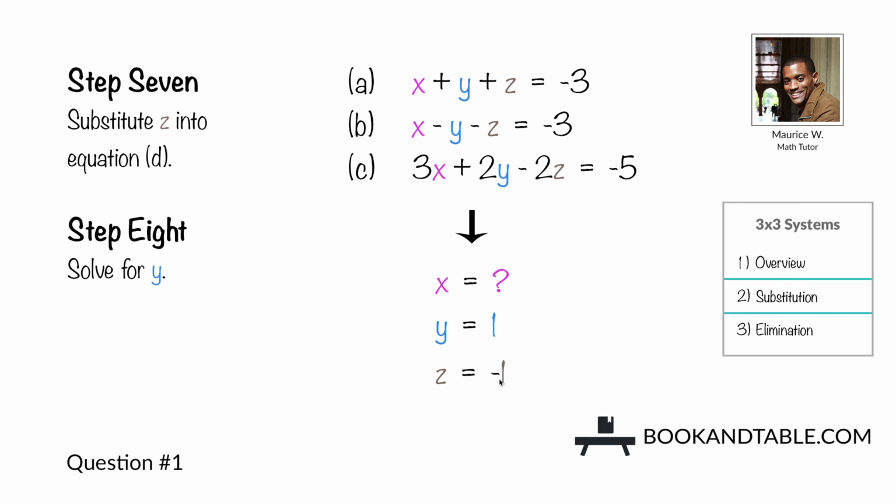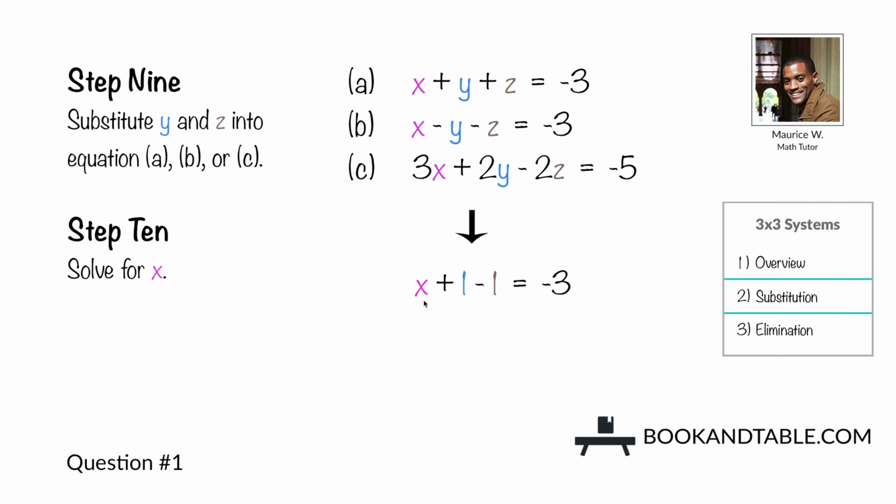So now, step 9, we can substitute y and z into equation A, B, or C to solve for x, step 10. So if we plug these values into equation A, we would get x plus 1 minus 1 is equal to negative 3. Positive 1 and negative 1 cancel out, showing us x is equal to negative 3.